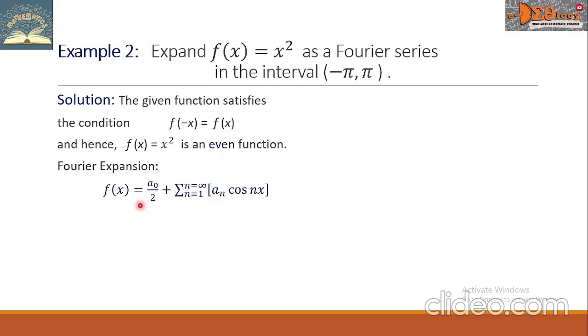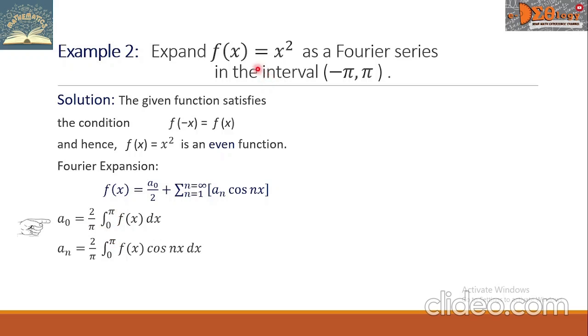Let us solve now for this a sub 0 and a sub n. The formulas are here respectively. Let's begin solving a sub 0. The formula is 2 over pi times the definite integral from 0 to pi, f of x dx.